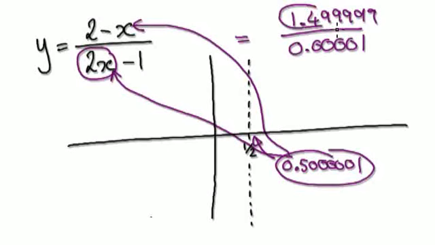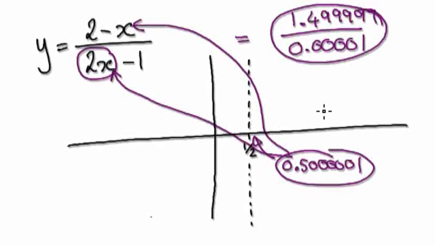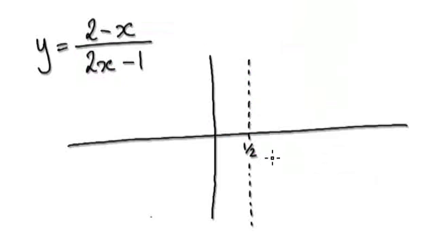So you've got a definite number divided by a very, very small number, making the whole answer very, very big. So when x is slightly above a half, y would be very, very big. In fact, y will be up there somewhere. Let's just say it's around here.